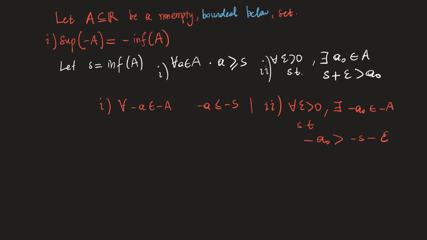So the supremum of some set, in this case minus A, is bigger than or equal to every number in the set. Okay, first condition is checked. And for any given positive number, there exists a number in our set such that this number is bigger than the supremum minus epsilon.